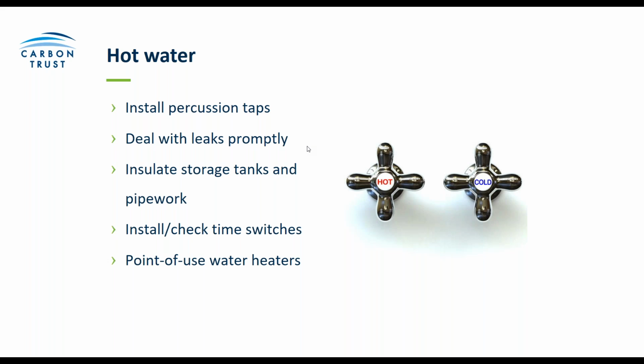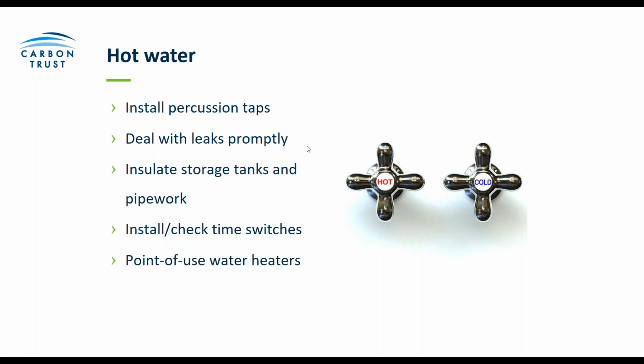So there are usually a number of fairly straightforward improvements that can be made to hot water systems without compromising safety or hygiene as well. For example, fitting percussion taps, which turn off automatically and take away the risk of taps being left on. Addressing any dripping taps, so linking back to the walk rounds that we mentioned when we looked at energy management, just making sure that any issues like that are picked up as quickly as possible.